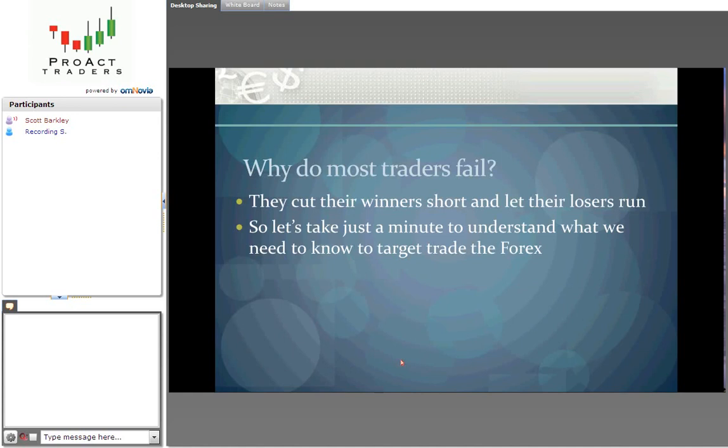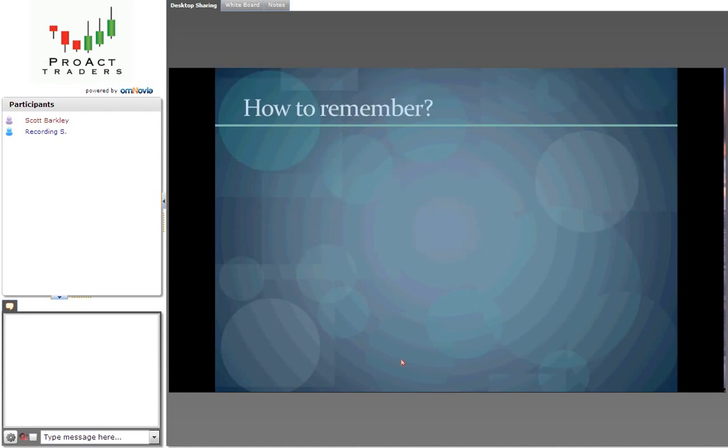So let's take a minute to understand what we need to know to target trade in the Forex. How do we remember what we need to know? It's a little acrostic that we came up with that says we've got to trade for pips daily. Each one of those first letters stands for something we've got to know in the market. The T stands for the trend.